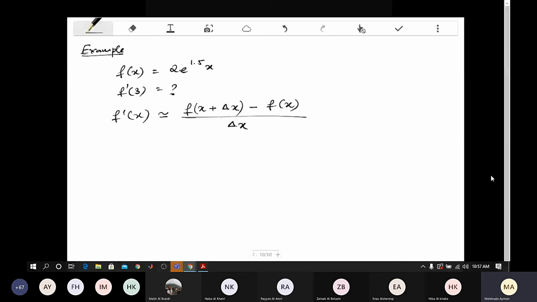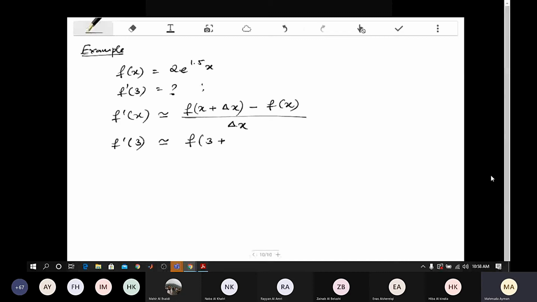Okay, so here we are supposed to find out the derivative at x is equal to 3. So that will be approximately equal to f of x. For us, x is 3, plus the delta x. Delta x is maybe either given to you or you have to choose a value for delta x.